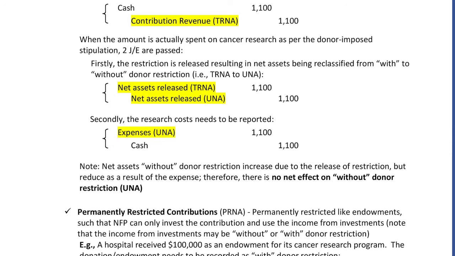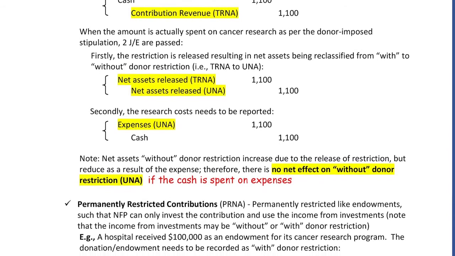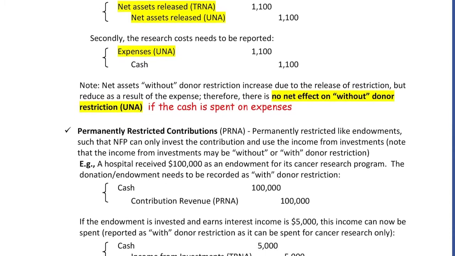Note that net assets without donor restriction increase due to the release of restriction but reduce as a result of the expense. Therefore, there is, highlight, no net effect on without donor restriction. Basically, the UNA, right? If the cash is spent on expenses. So that's about temporary restrictions.